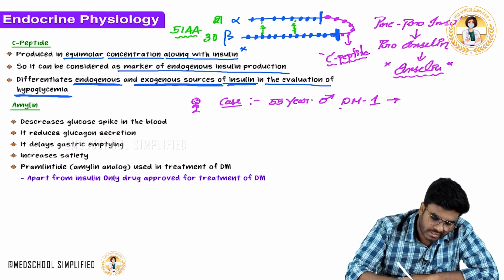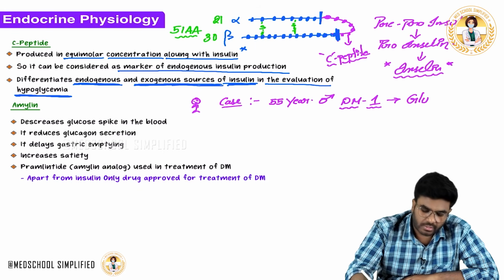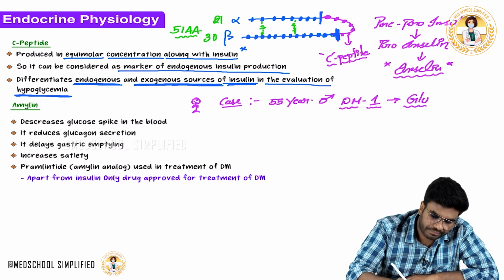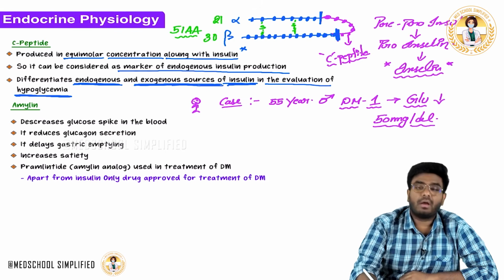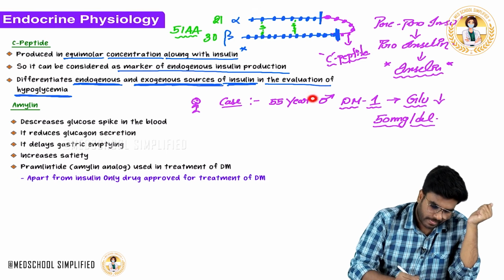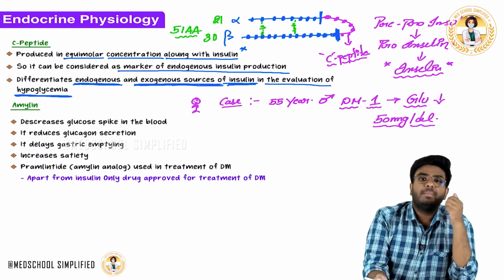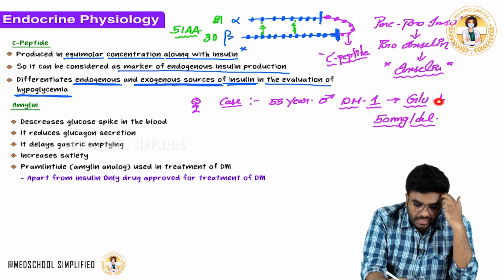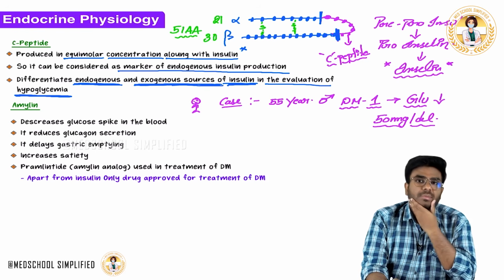You know he's a known case of diabetes mellitus, and when you look at the blood glucose levels, they are very low, maybe 50 milligram per deciliter. So this patient is suffering with hypoglycemia.